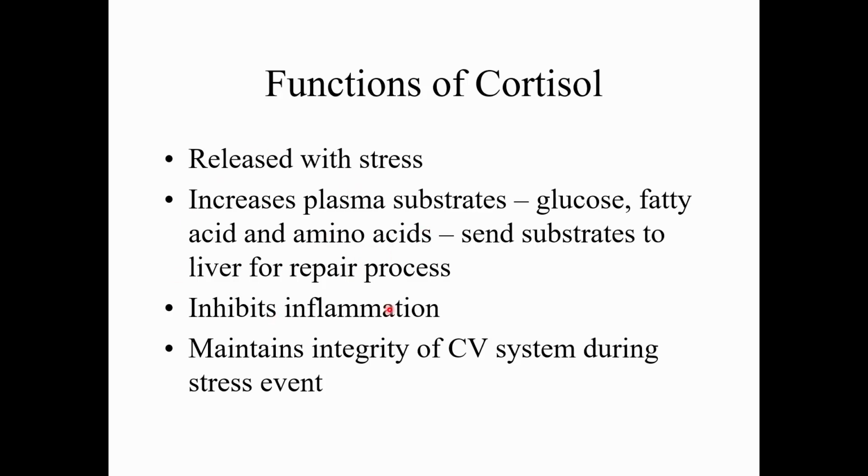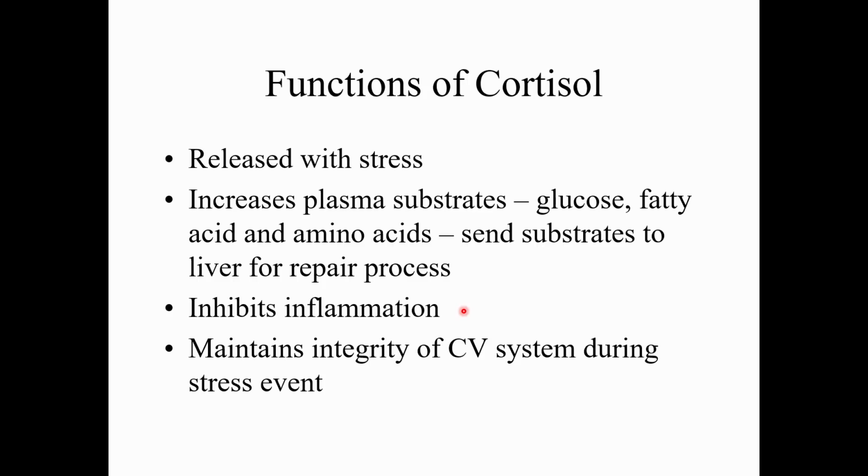It's also going to decrease transcription of proteins that would result in inflammation. And as a result, cortisol delays inflammation. So when you're stressed out and you're trying to survive an acute stress, you don't need to get all inflamed. Wait till the emergency is over, then you can become inflamed.